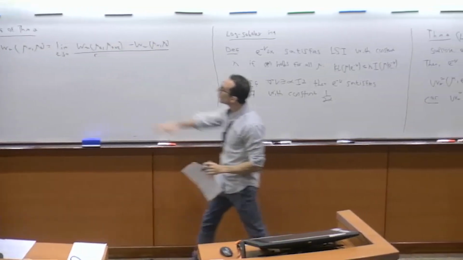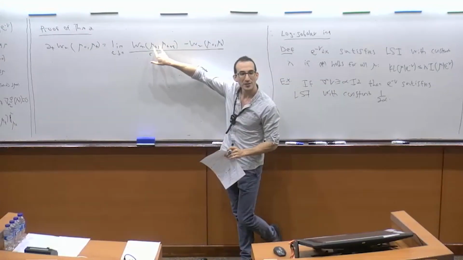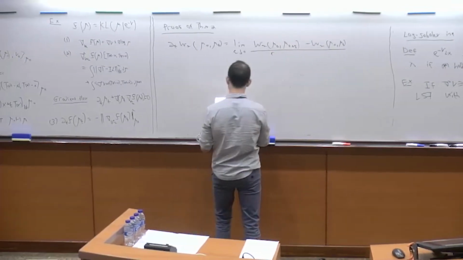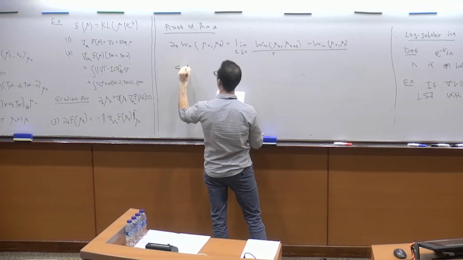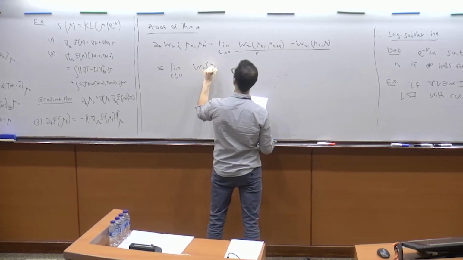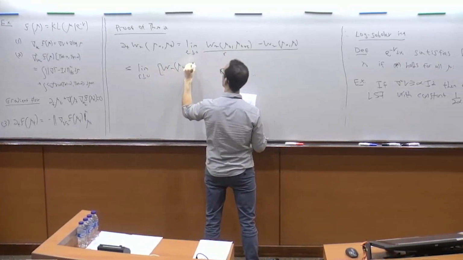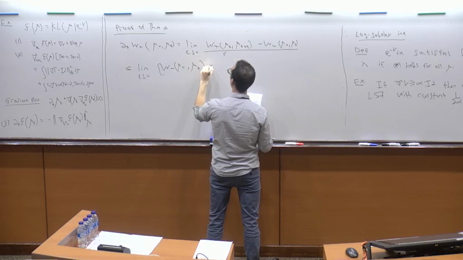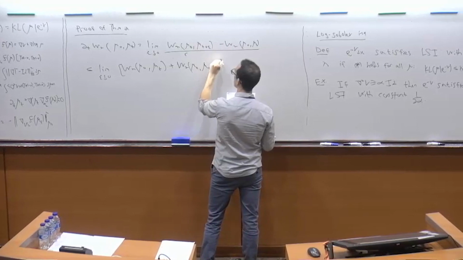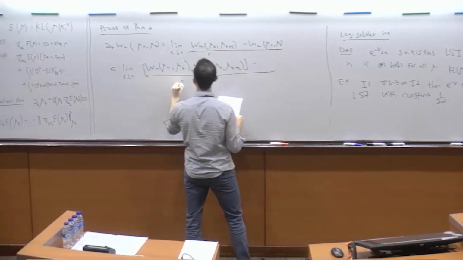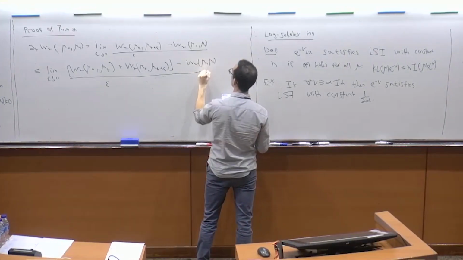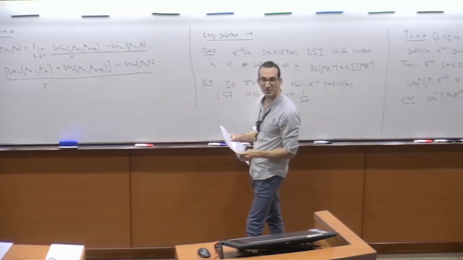Now we will use the fact that W2 satisfies the triangle inequality on the first term. So this is upper bounded by this limit where we replace the first term by first going from mu_0 to mu_t, and then going from mu_t to mu_{t+epsilon}. Then we subtract the last term, and now we see that there is a cancellation.